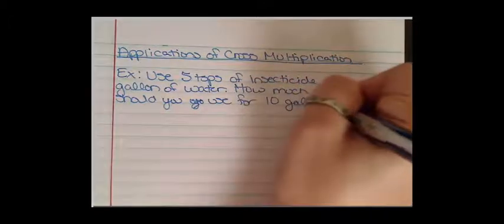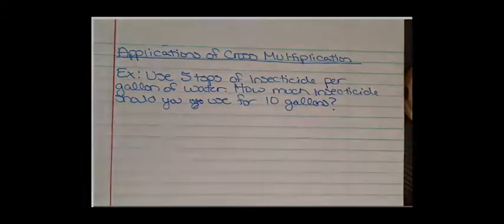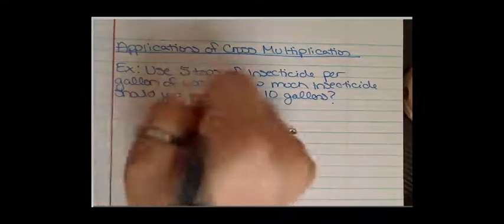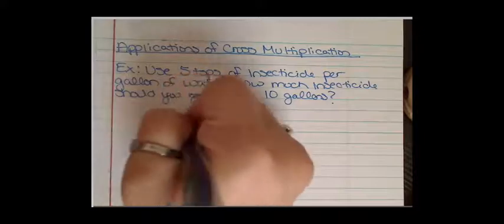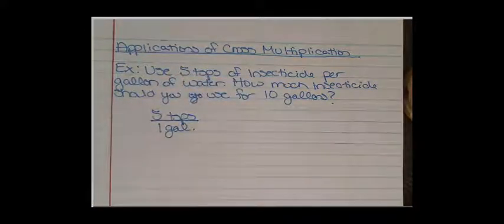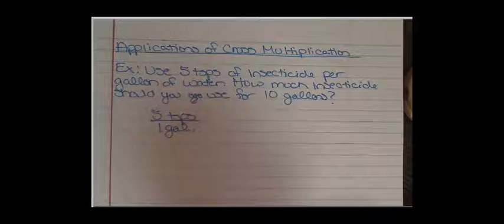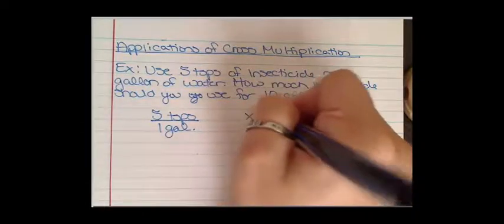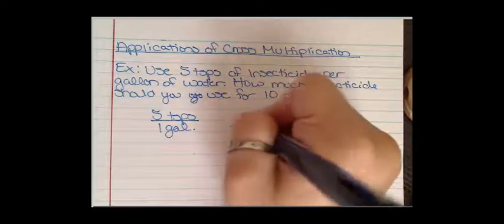Okay, so we're going to use 5 teaspoons for 1 gallon. We do know that much, 5 teaspoons in 1 gallon. But we don't know how many teaspoons in 10 gallons. That's what we want to find out. So hopefully me writing it like that, you can see where our cross multiplication is going to come in handy.